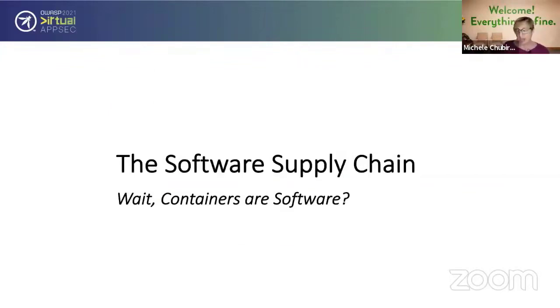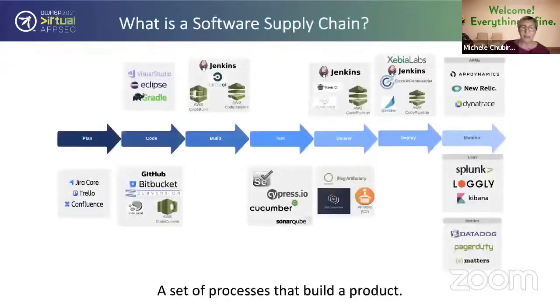So the supply chain, the software supply chain. What? Containers are software? Sorry, they are. In case you're not very familiar with what a typical software supply chain is, I have arranged to have that represented for you with commonly used tools. Basically, a software supply chain is a set of processes that build a product.